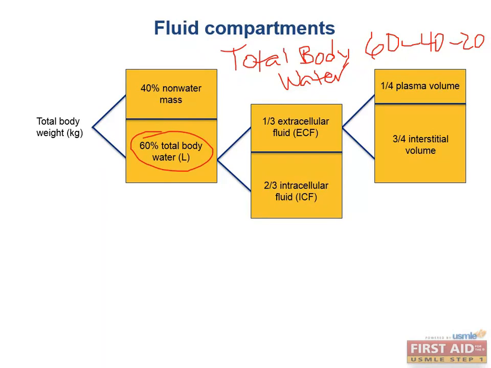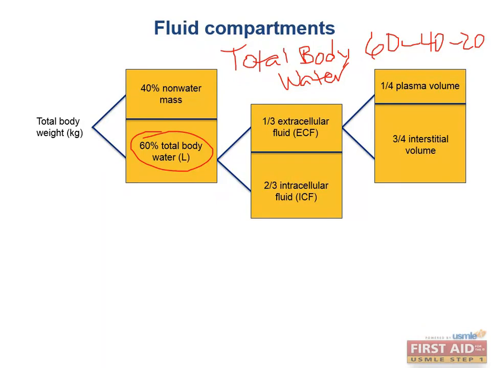So that's where the 60 comes from. And 40% of the body is non-water mass. But this is not where we get the 40% in the 60-40-20 rule, because the 60-40-20 rule is only talking about how water is spread out throughout the body.